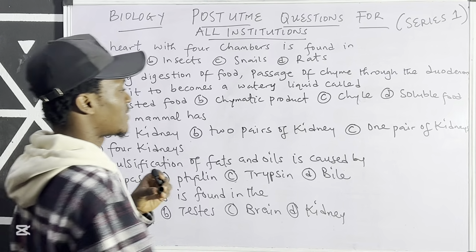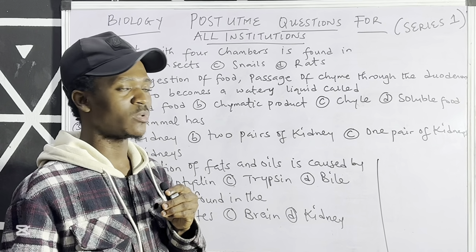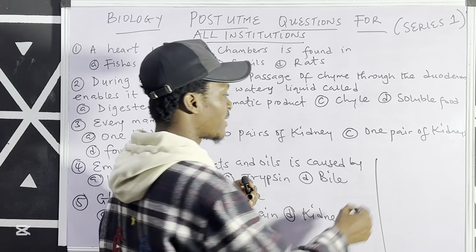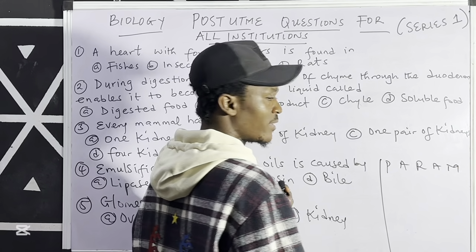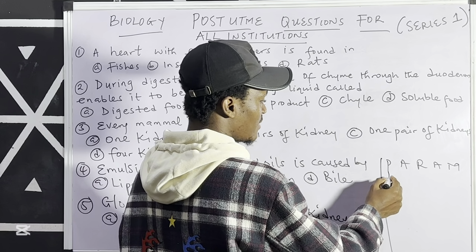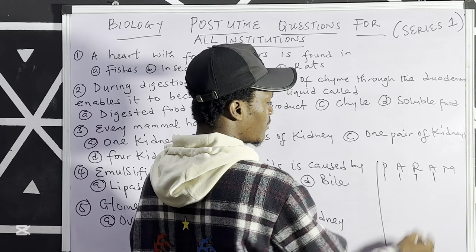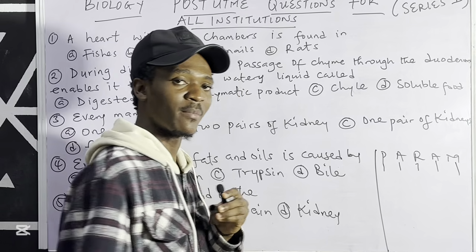Now 4 chamber heart, if you go to the vertebrates, when we say vertebrates, we are referring to organisms with backbones. Of course, the evolutionary advancement of vertebrates goes in the pattern of PARAM for short, for you to easily remember. The P is for Pisces, A is for amphibians, R is for reptiles, the next A is for aves, and the M there is for mammals.